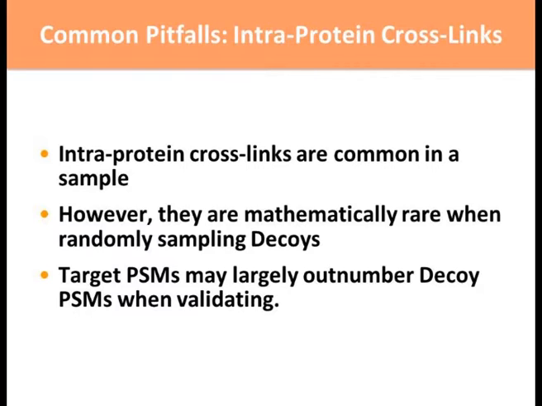So this means that your actual sample might have lots of intraprotein crosslinks, but the number of decoy combinations that are mathematically possible to replicate those intraprotein crosslinks is much smaller, so there is a bias towards your target database. That is the reason why intraprotein crosslinks are analyzed independently of interprotein crosslinks and loop links, and that helps solve this bias by creating its own analysis.